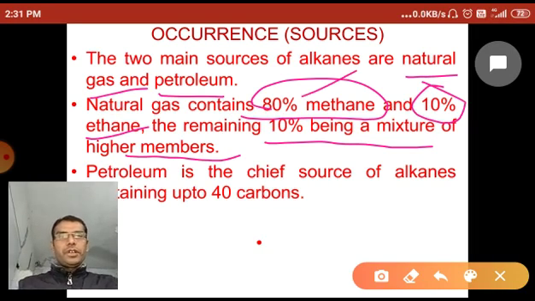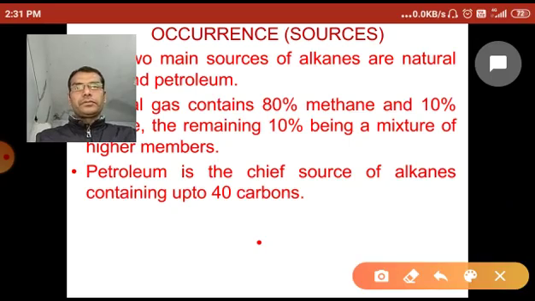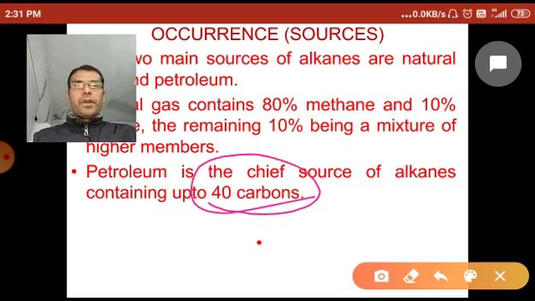Petroleum is also a cheap source of alkanes. Petroleum contains alkanes of up to 40 carbons.